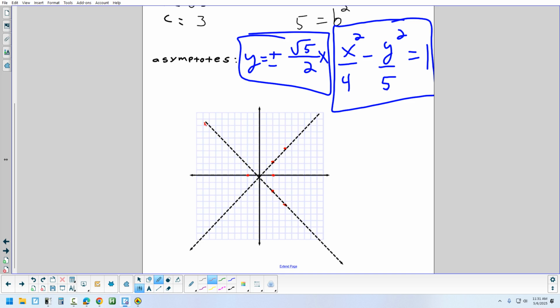Stay very close to the dotted line, then start to curve away from it, and then start to get closer and closer. Same thing over here. Come down, curve through the vertex, and then get closer and closer.